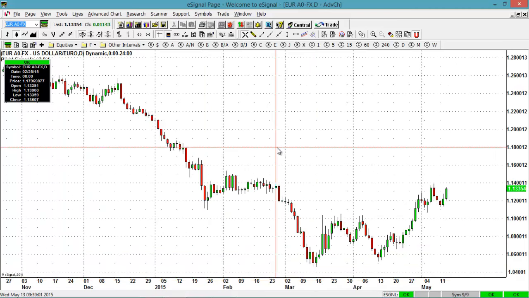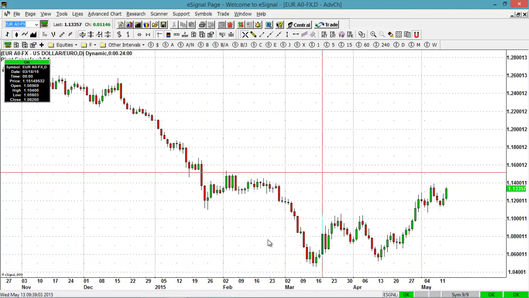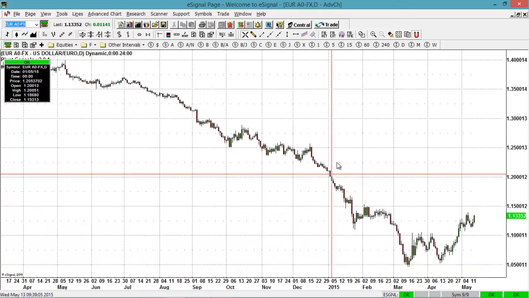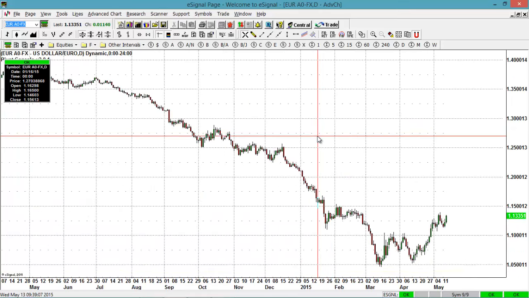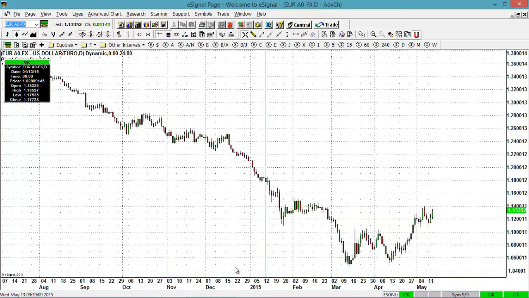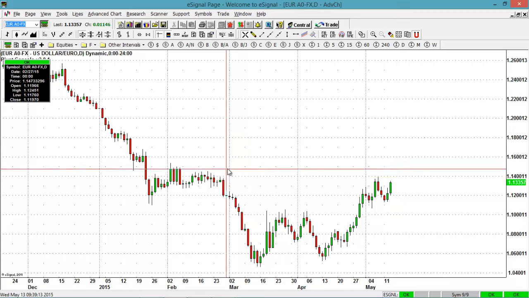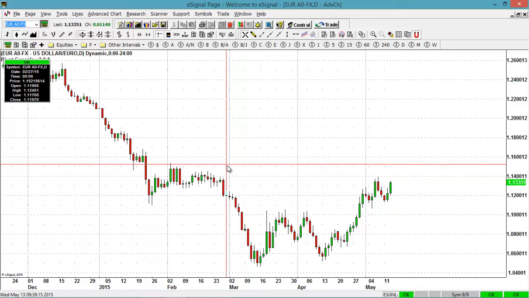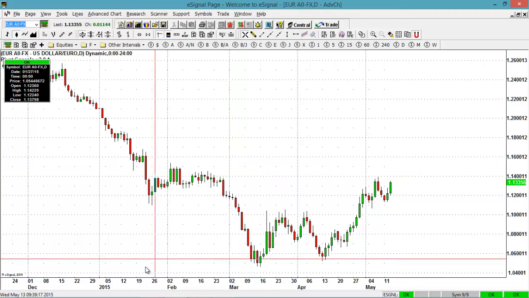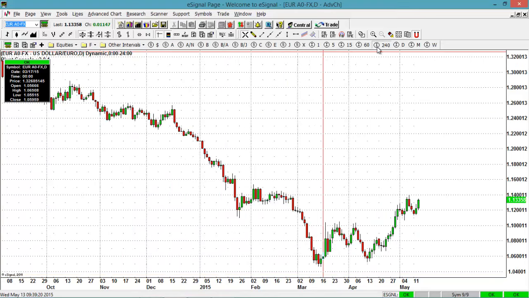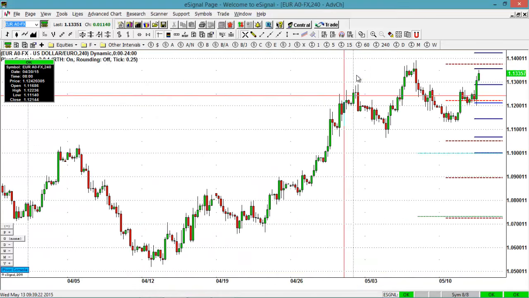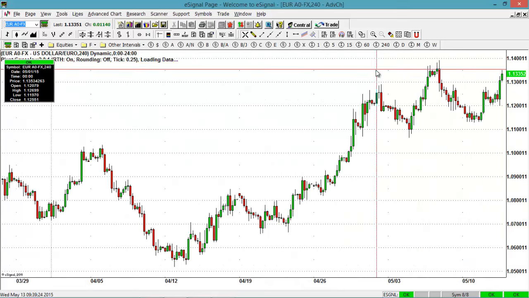Now, taking a look at the euro, it is up on the day, and it's fairly strong this morning. What we see is that the market still has not been able to take out this 114 to 115 area, and we are looking to see if the market has the strength to take out that area.